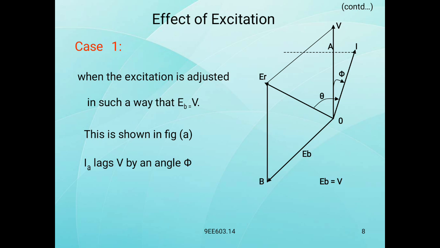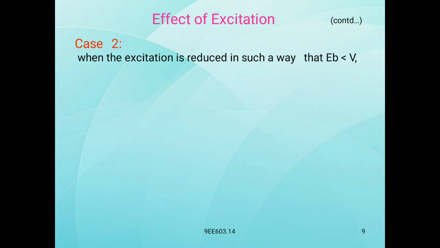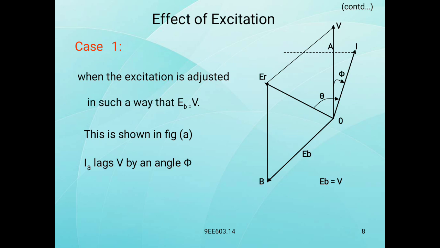Here in general EB is equal to V. That means the magnitude of back EMF is equal to the supply voltage. Observe this very carefully. Under normal excitation, EB is equal to V, and IA is lagging the voltage.